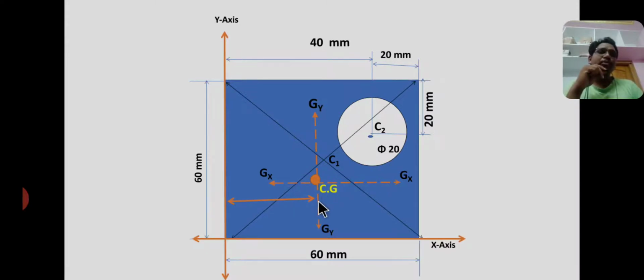CZ lies at a distance of xc from the y-axis. That means the horizontal distance between the y-axis and CZ is called xc. xc equal to 29.04, and the vertical distance between CZ and the x-axis is yc. yc is also 29.04. This is the final position of the centroid.